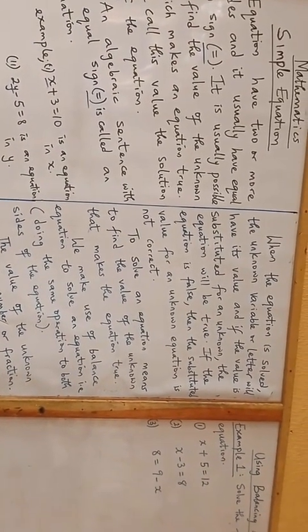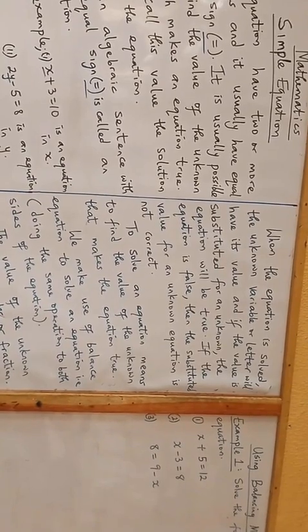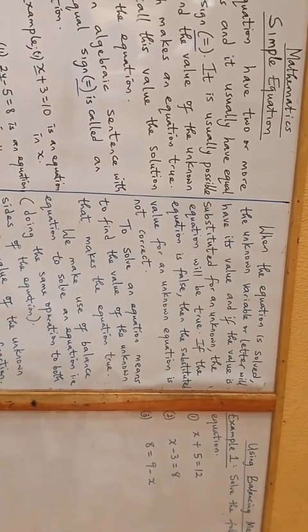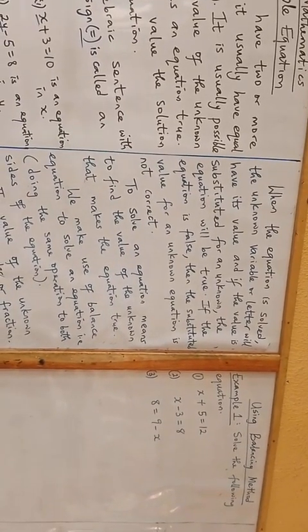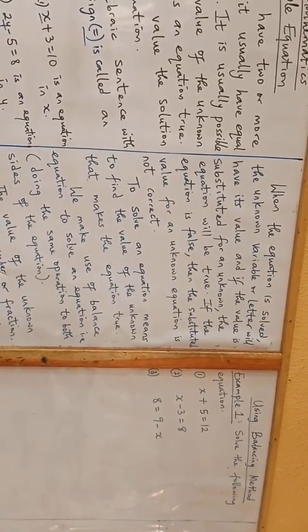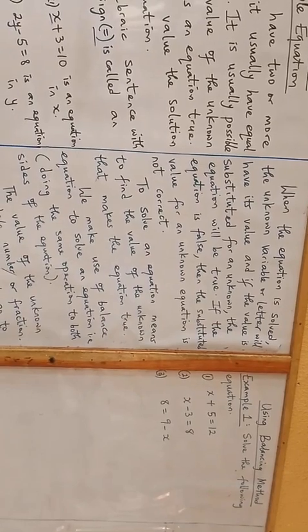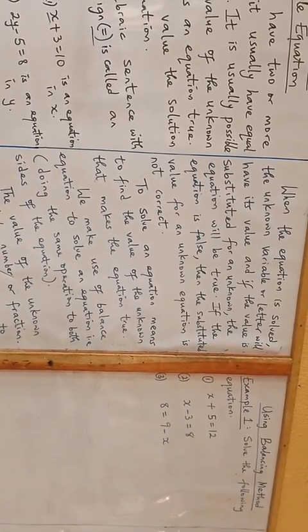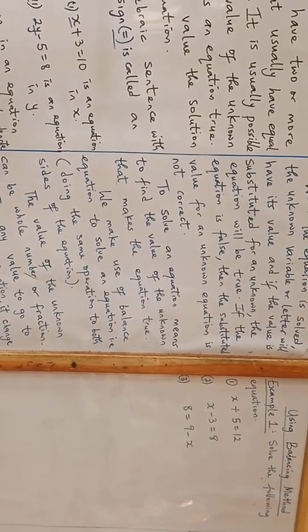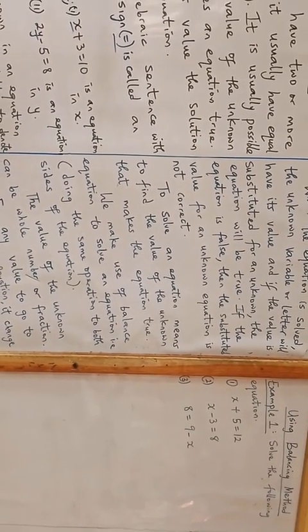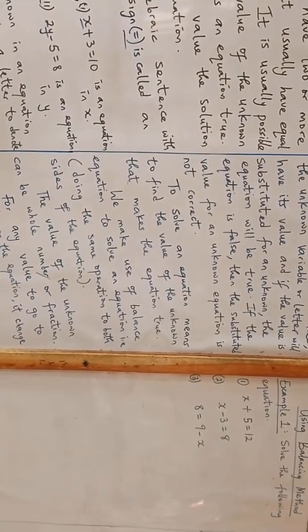When an equation is solved, the unknown variable or letters, we have its values. And by the time we substitute this value into the particular equation that we are given, the equation will either be true or false. When the equation is true, that means we got it correctly. But when the equation is false, that means our answer is not correct.